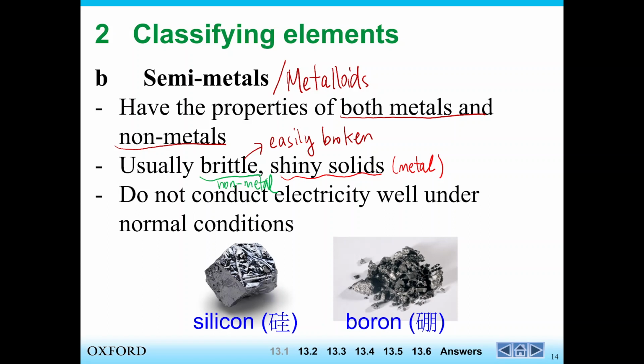Now this next bit says it does not conduct electricity well under normal conditions. This is obviously a property of a non-metal. Okay. So some examples of semimetals or metalloids are silicon or boron.